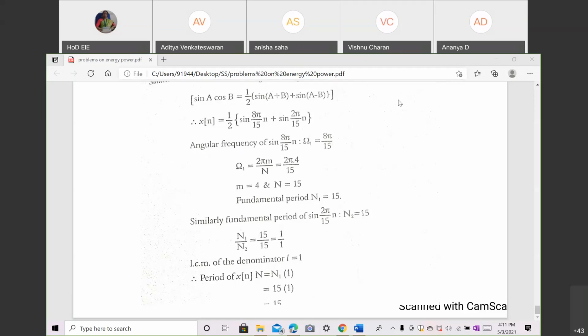Anjali Mishra. Present, sir. Ankit Srivastav. Present, sir. Aryan. Bindu V. Chandrika. Present, sir.